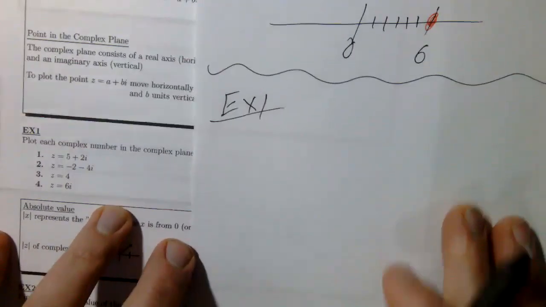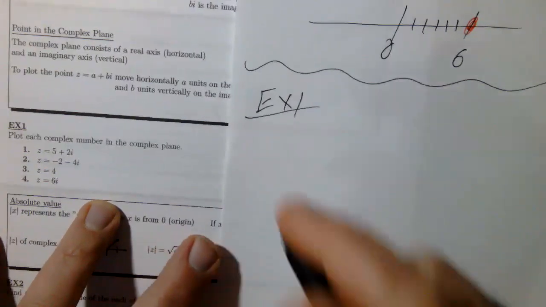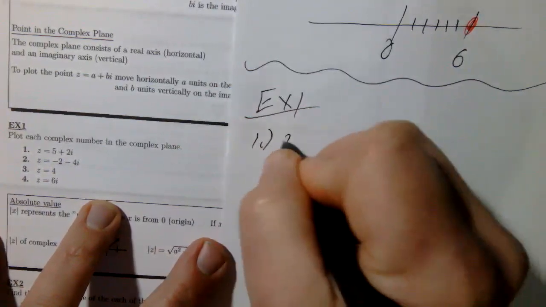All right, so I want to plot each complex number in the complex plane. So, here, let me just write these over here.